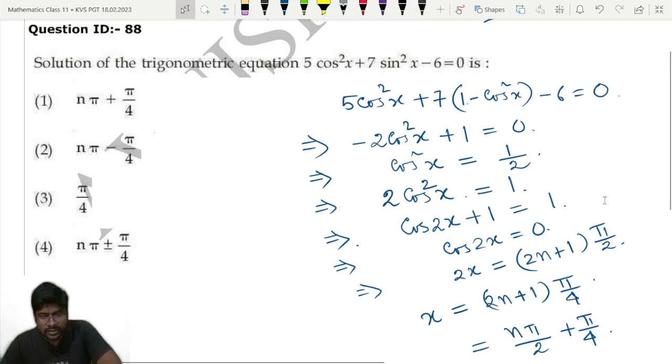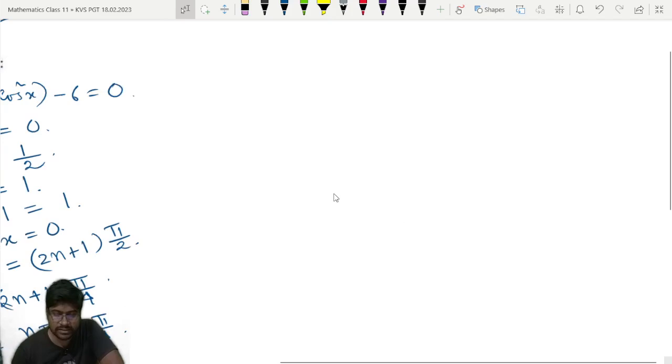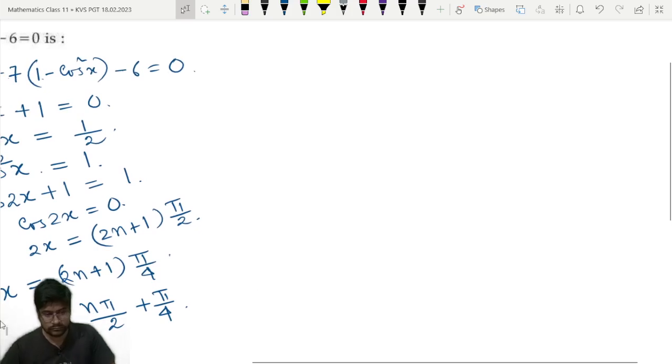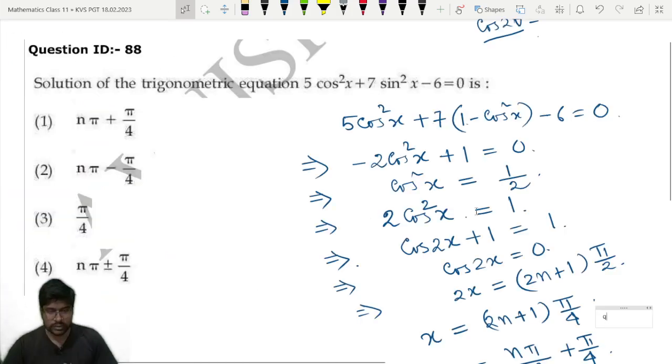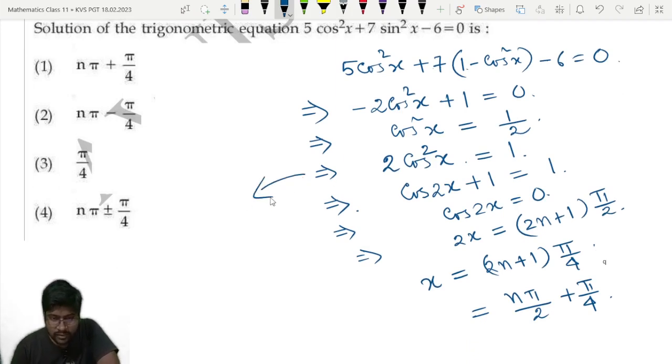So one thing we can see from here, if the general solution is not matching with the options, then from this line, come to this line, 2 cos square x is equal to 1.